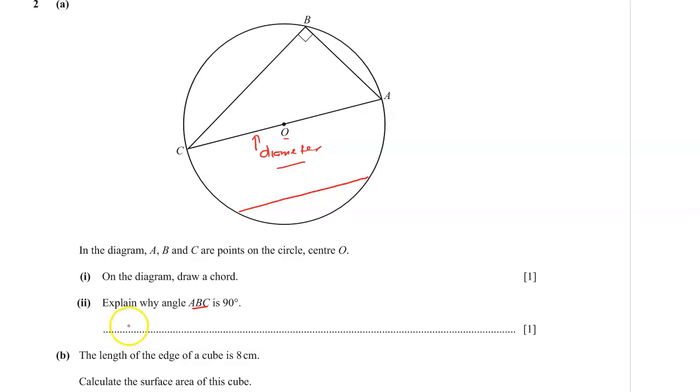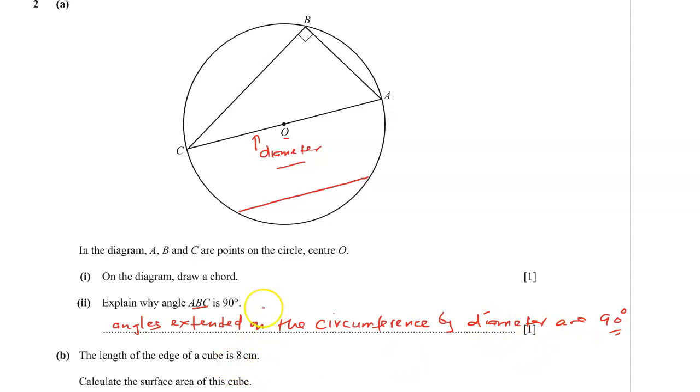So you can say angles subtended on the circumference by a diameter are 90 degrees. Write this clearly.